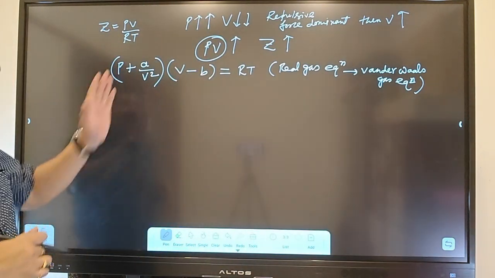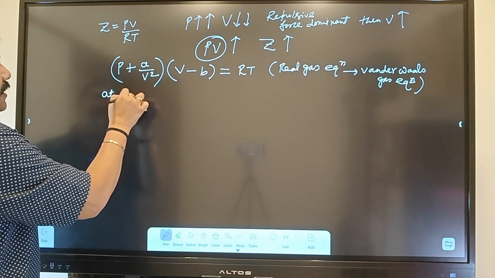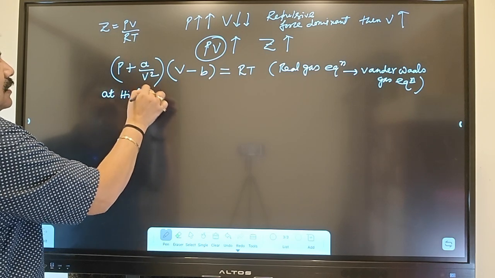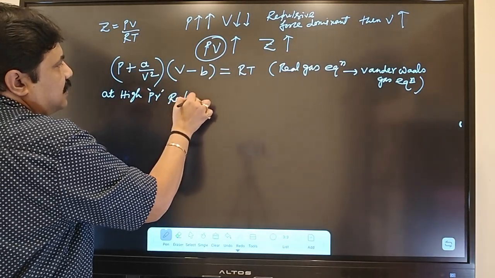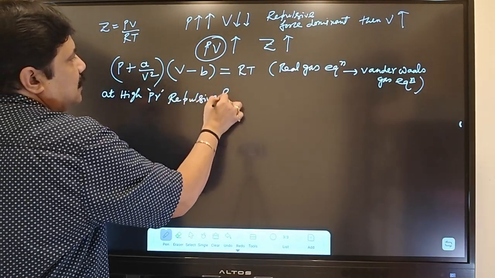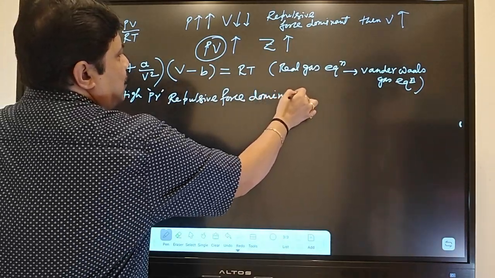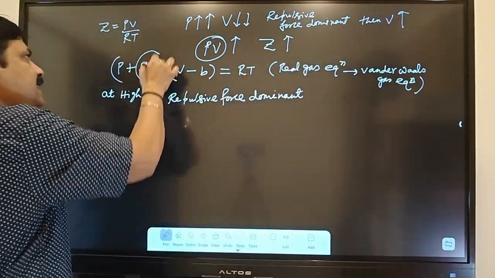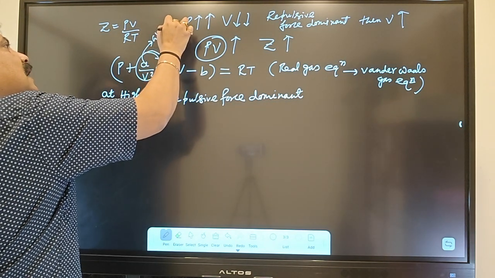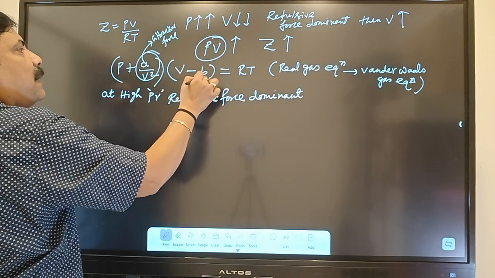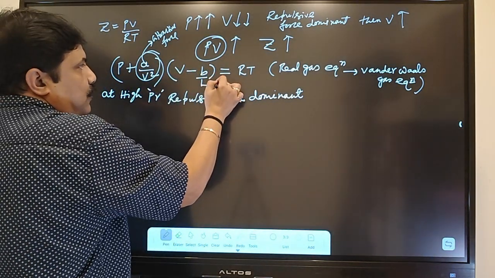Now if you look at the high pressure region, what is happening? Repulsive force is dominant. Then we can neglect the attractive force. This part, a, is nothing but the attractive force, and this part, b, is representing the excluded volume as well as the repulsive force factor.